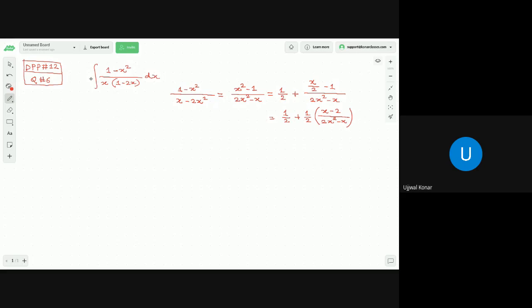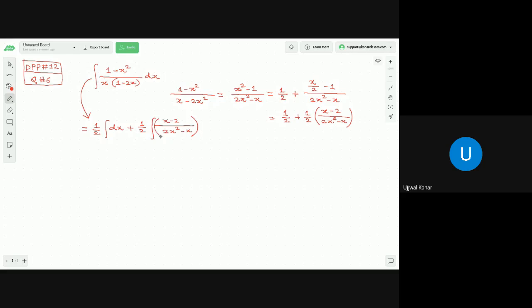So then the entire integration becomes 1 by 2 integration dx plus 1 by 2 integration x minus 2 by 2x square minus x into dx. Correct?